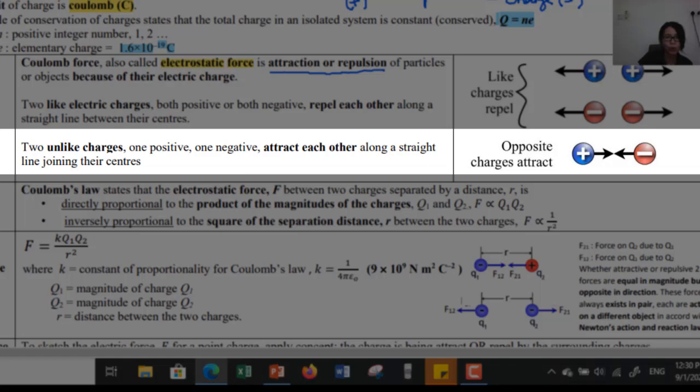But for two unlike charges, for example one positive and one negative, they will attract each other along a straight line joining their centers. So for opposite charges, they will attract each other.